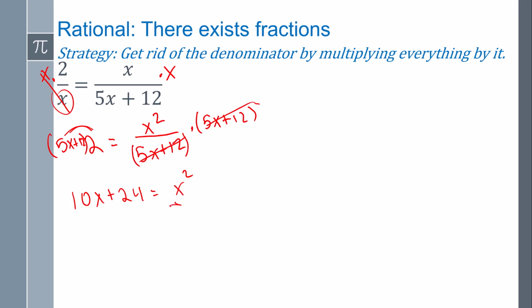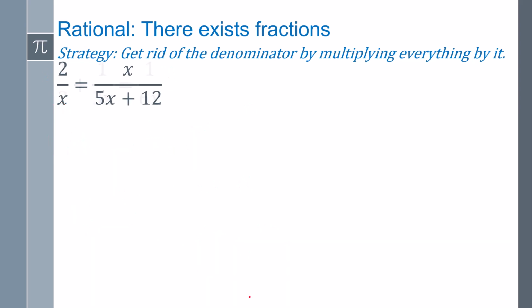Oh, it's quadratic. I want everything to equal 0. So minus 10x on both sides, minus 24 on both sides. So I get 0 equals x squared minus 10x minus 24. Now we factor it, dot, dot, dot, right? A times c, factors that add to b. This is how we would go through and solve it from there because it's quadratic now.